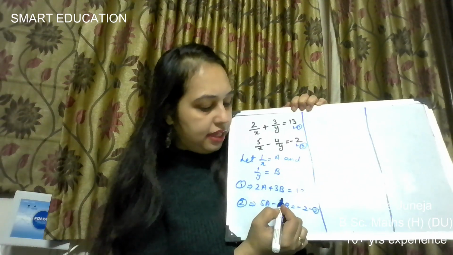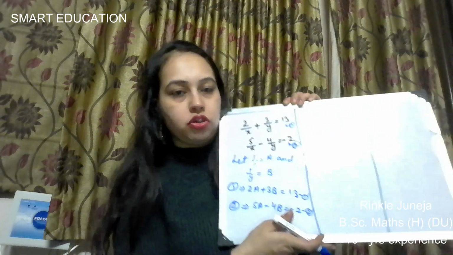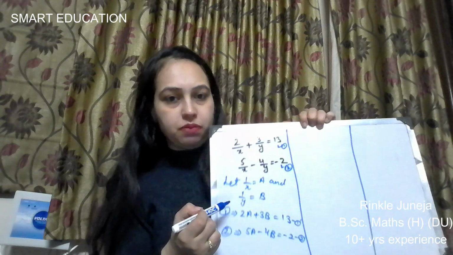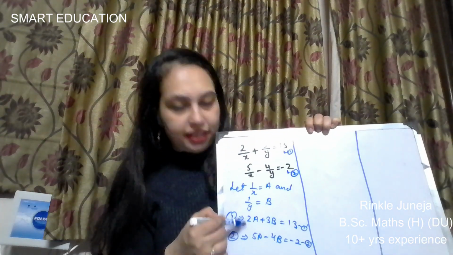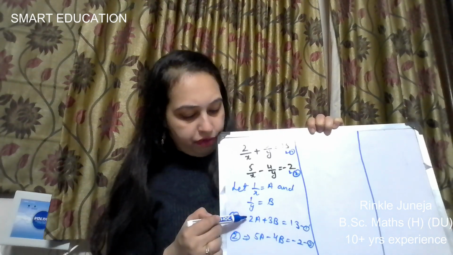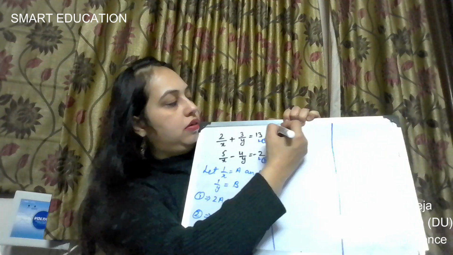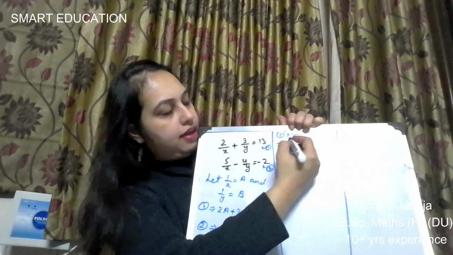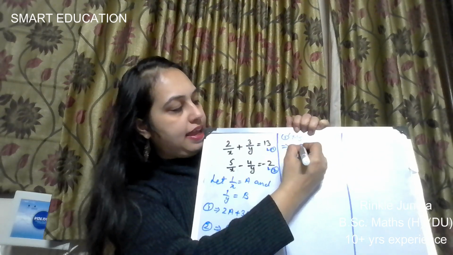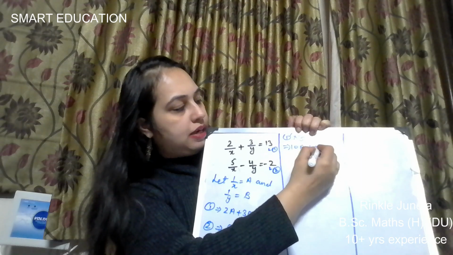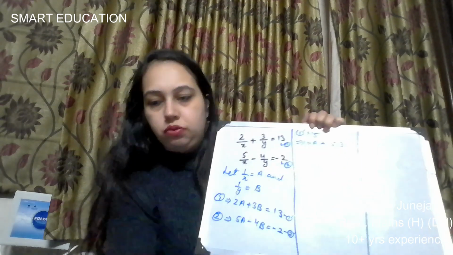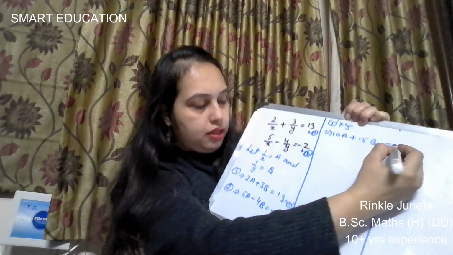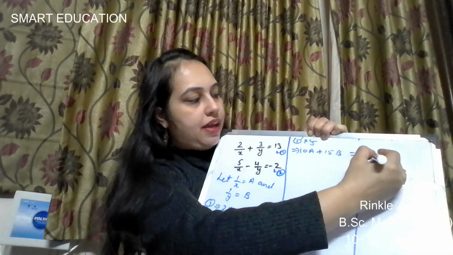Right? Now we can solve these using any of the two methods, substitution or elimination. So let's try and solve using the elimination method. So to eliminate, we need to make the same coefficients first. So if you multiply equation 1 dash with 5, we will get 5 into 2 as 10a plus 15b is equals to 65.